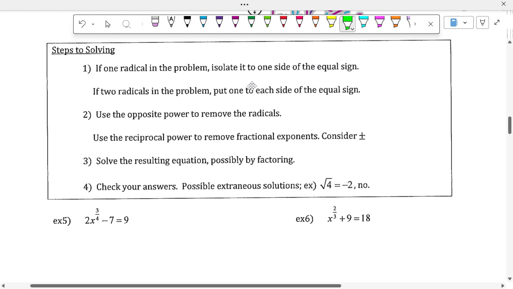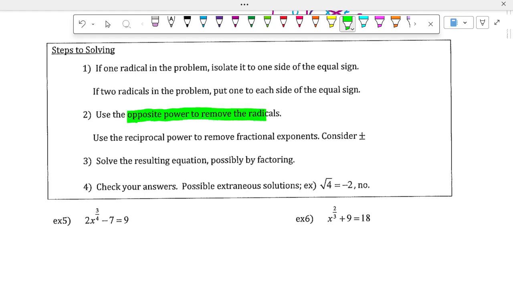If two radicals are in the problem, put one on each side of the equal sign. Now, if you have opposite powers, remove the radicals, or use a reciprocal power to remove the fractional exponents. So let me show you.